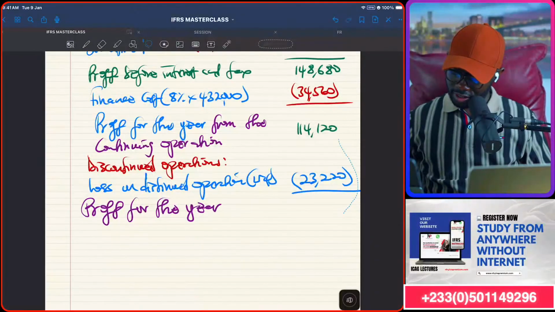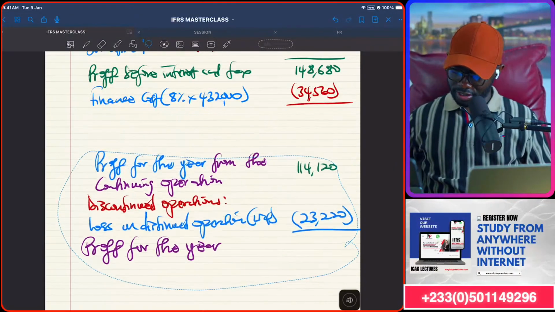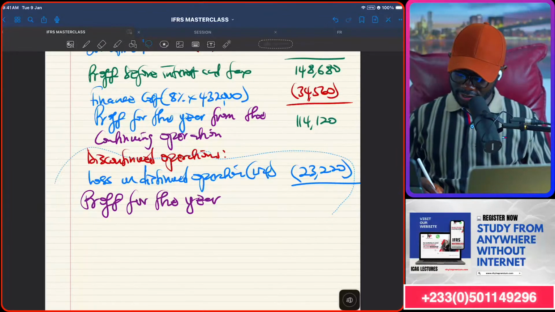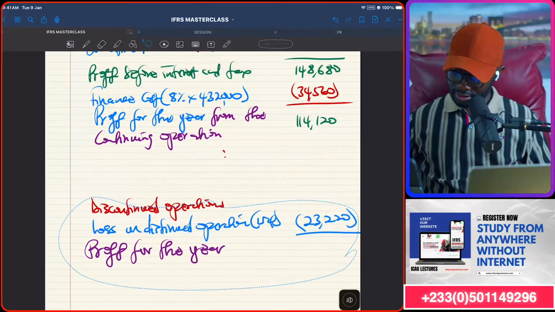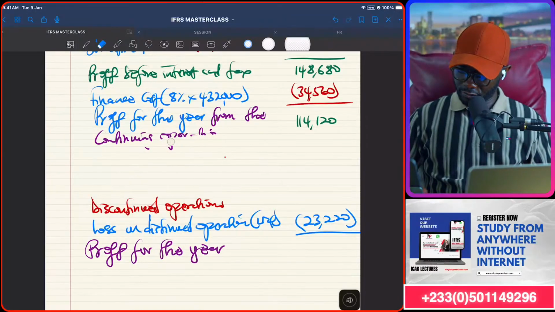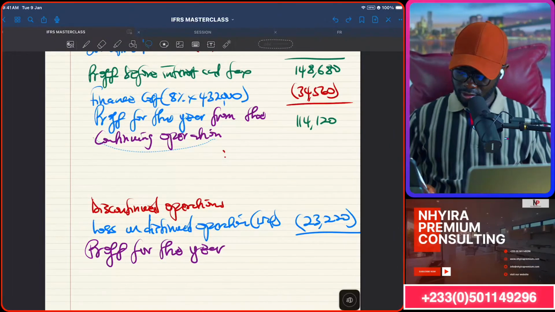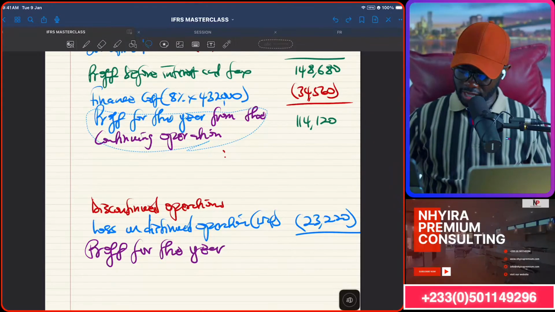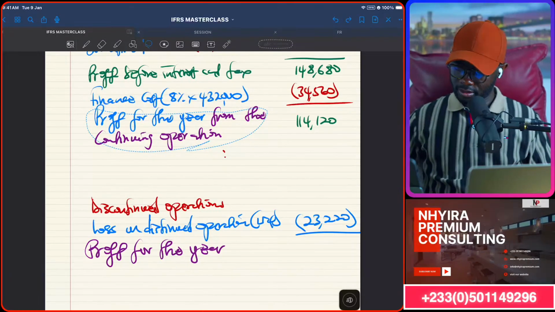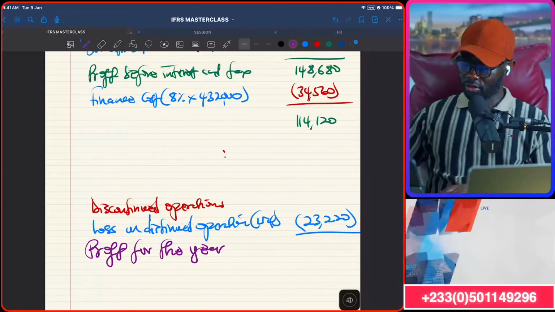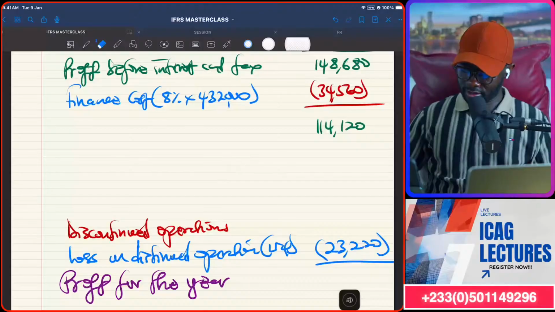So let's push this slide a little bit down so that this will be profit before tax. So let's bring that in.